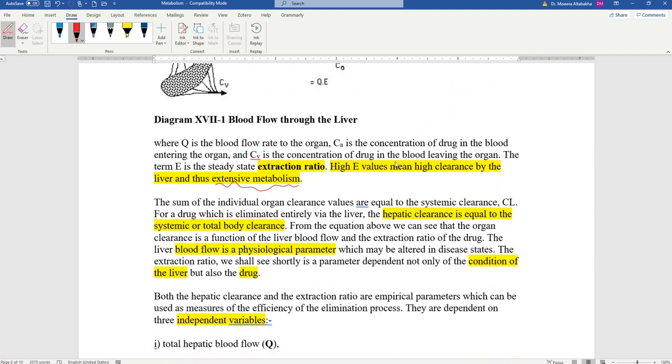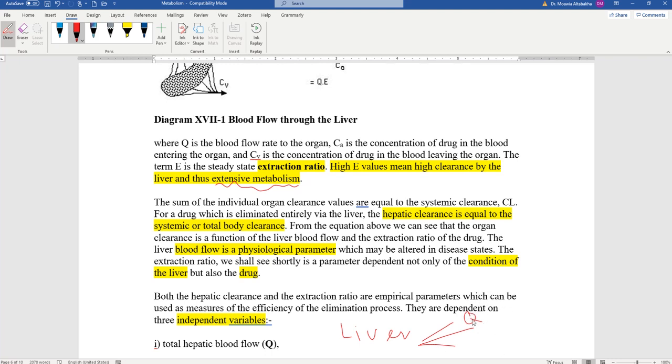Now they found that, when we are talking about the liver, this clearance is related to three factors. One is Q, which is a physiological factor.